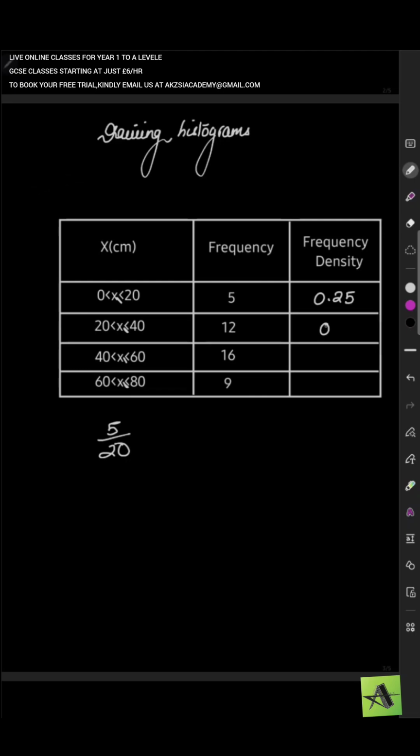That will give me 0.6. For the next one, it's 16 over 20, which gives me 0.8 as the frequency density. And for the last one, it's 9 over 20, which is 0.45. And that's the frequency density.